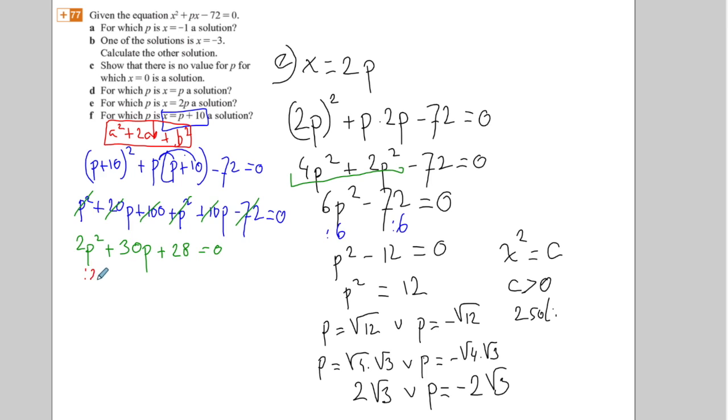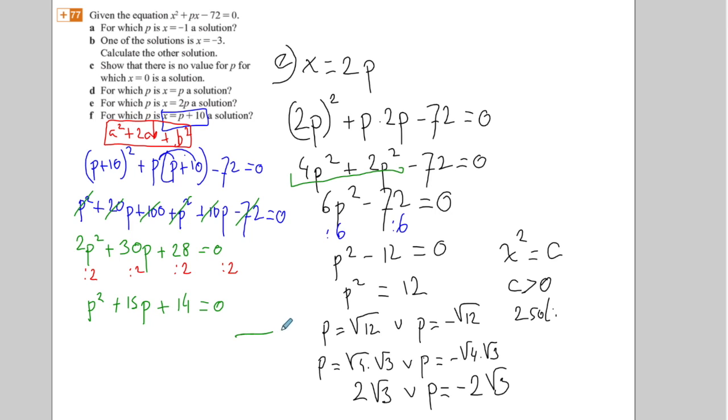And I know already that 0 divided by 2 is just 0. So we get finally p squared plus 15p plus 14 equals 0.